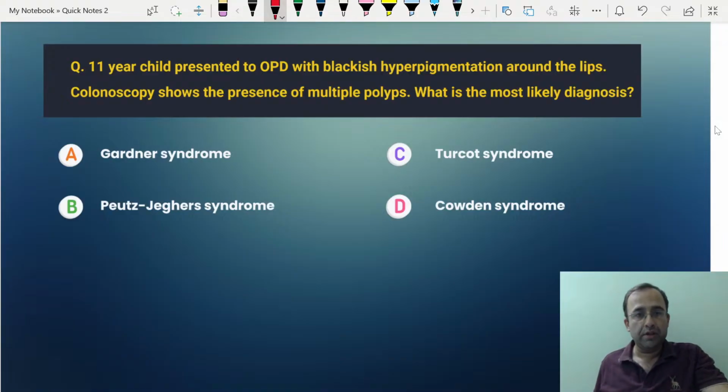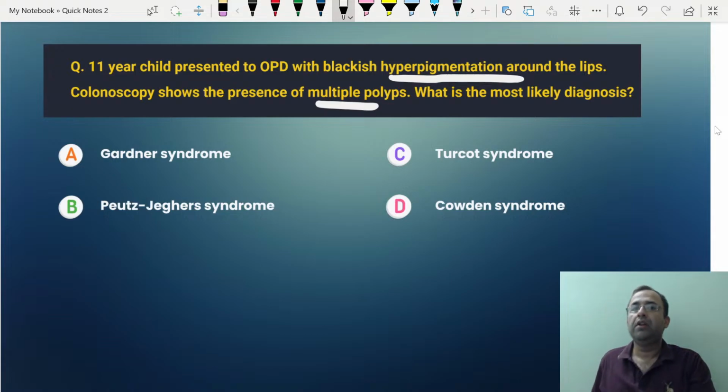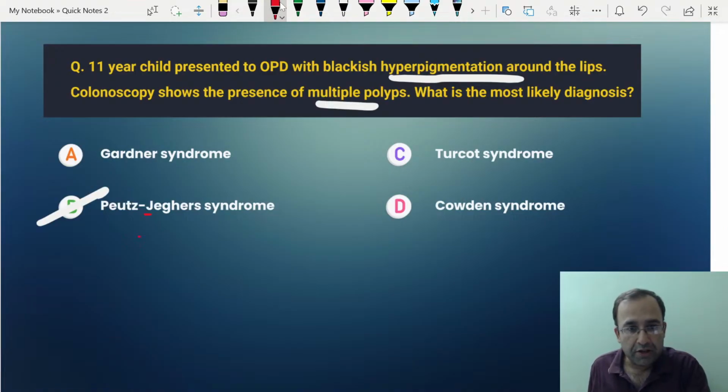Next question. A young child presented to OPD with hyperpigmentation around the lips along with the presence of multiple polyps. Diagnosis: Peutz-Jeghers syndrome. The classical history of Peutz-Jeghers syndrome: where do the polyps occur? They occur in the jejunum.